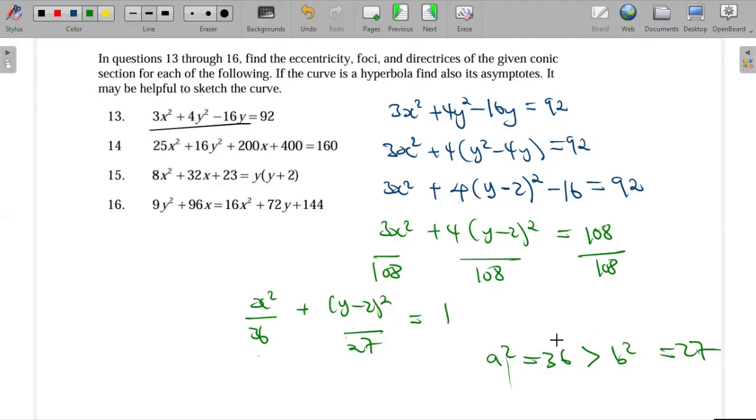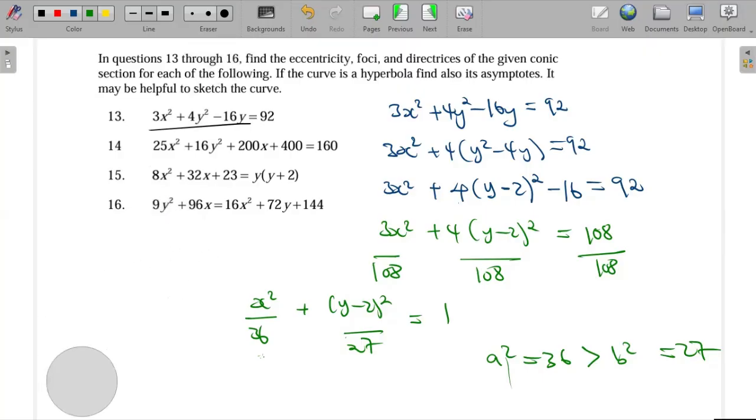When a squared is greater than b squared, it's an ellipse along the x-axis. In short, when the bigger number is under the x, it's an ellipse along the x-axis. If the bigger number was under the y, it would have been along the y-axis. So in short, it's like this and not like this.